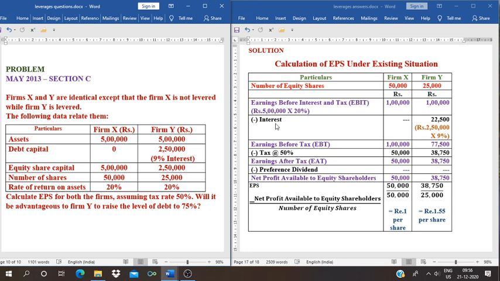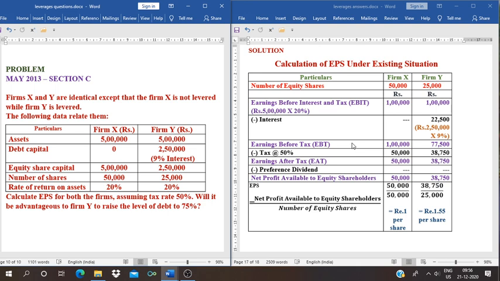Then, less interest. For firm X there is no debt capital, so here it is nil. But for Y there is debt capital of rupees 2 lakh 50,000 and the rate of interest is 9%. 2 lakh 50,000 into 9% means 22,500.